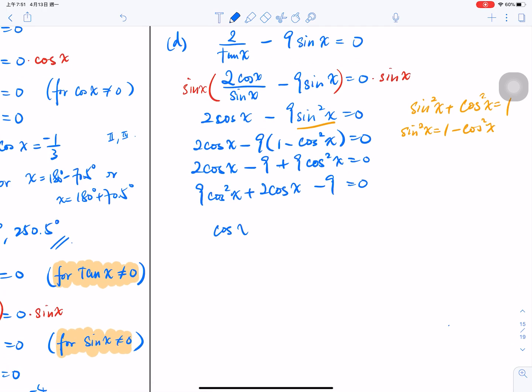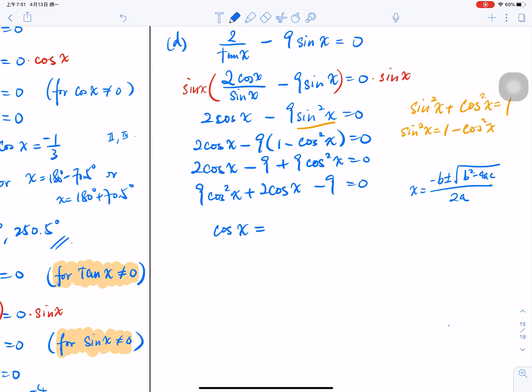So what is cosine x now? Yeah. This one you find cannot factorize. So what can we do? Yeah, you need to use the quadratic formula. Do you remember? x equals negative b plus or minus square root of b squared minus 4ac, over 2a.